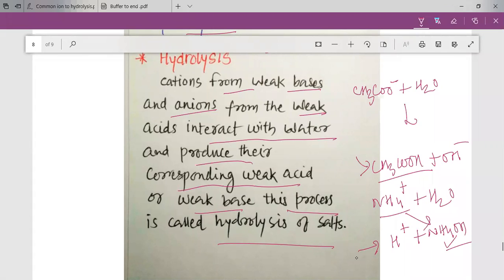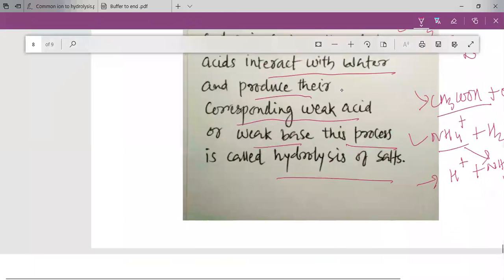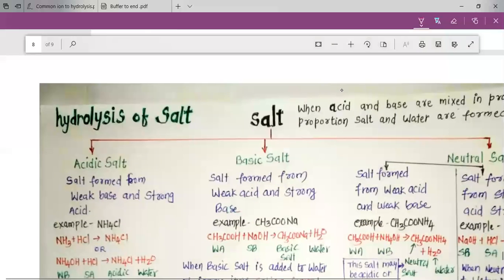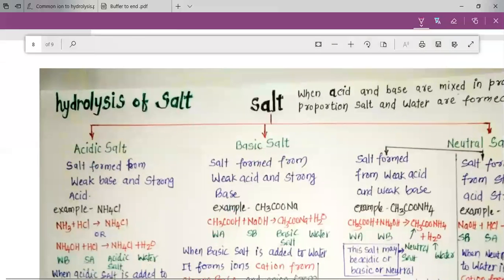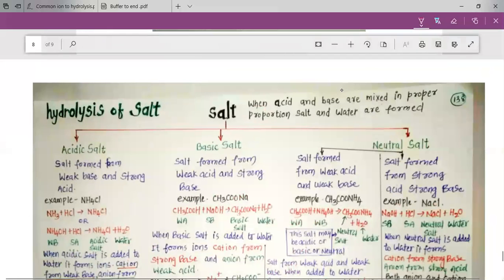And this process of conversion of the ions coming from the weak acid and the ions coming from the weak base, they produce their corresponding acids and base by reacting with water, and this process is known as hydrolysis.